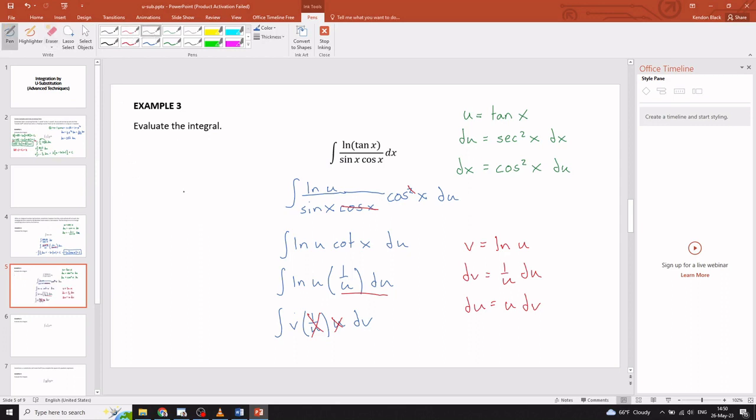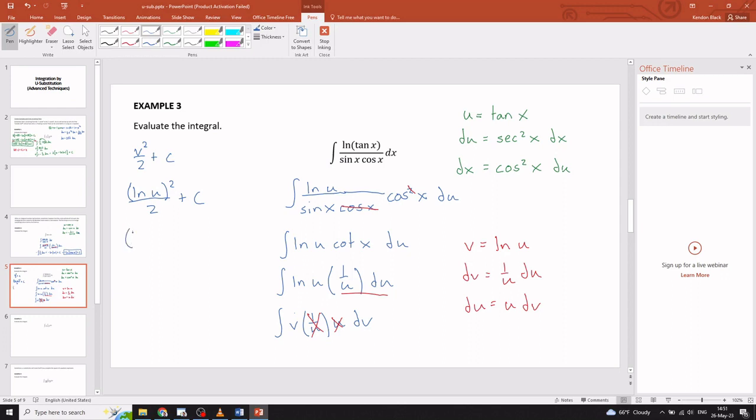Just use the power rule, so we're going to have v squared over 2. And we're going to have to first back substitute the u and then back substitute the x. So v is ln u, so we're going to have ln u squared over 2 plus c. And now our u is tangent of x.